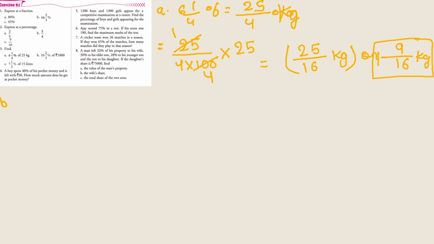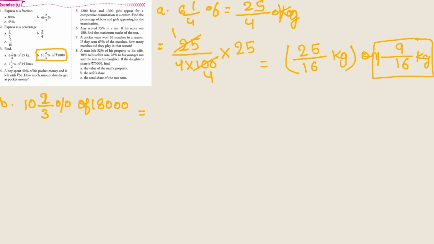Now B, let's do this one. 10 and 2 upon 3% of 18,000.